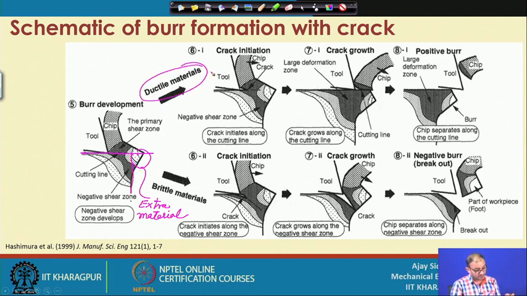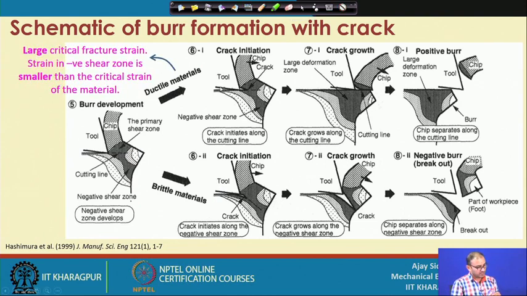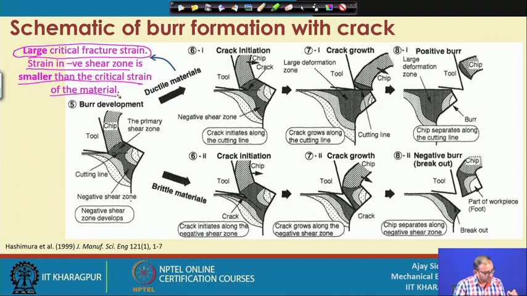What is going to happen if this particular crack is in the ductile material, and this is the brittle material, correct. Right. So what is happening in the ductile material? Because in ductile material it has a large critical fracture strain, because it does not fracture very easily, and the strain in the negative shear zone is smaller than the critical strain of the material.